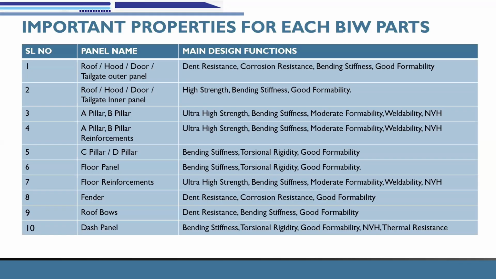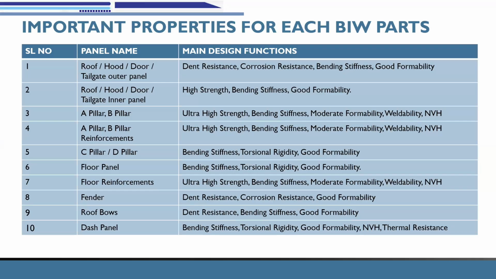The exterior panels like the roof panel, hood panel, side doors, and tailgate are not meant for crash performance. These are aesthetic parts, visible to the customer. These are cover up parts.